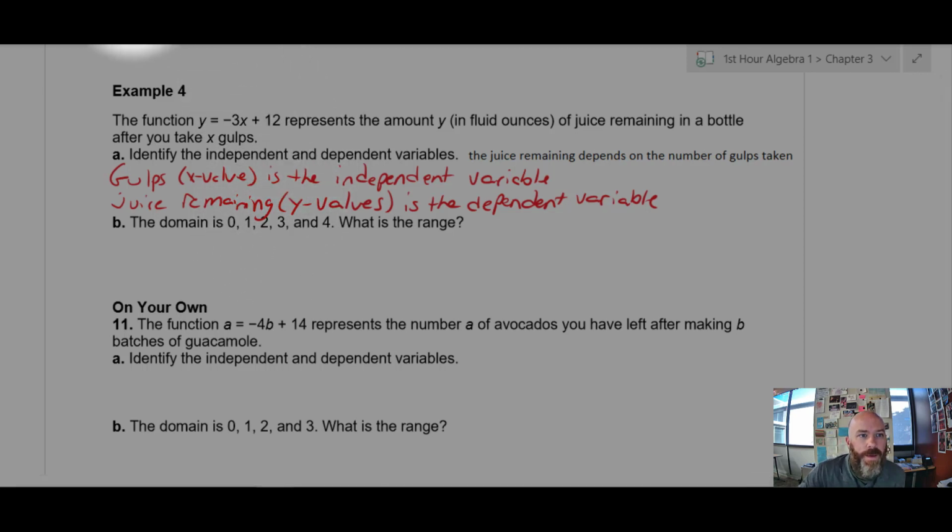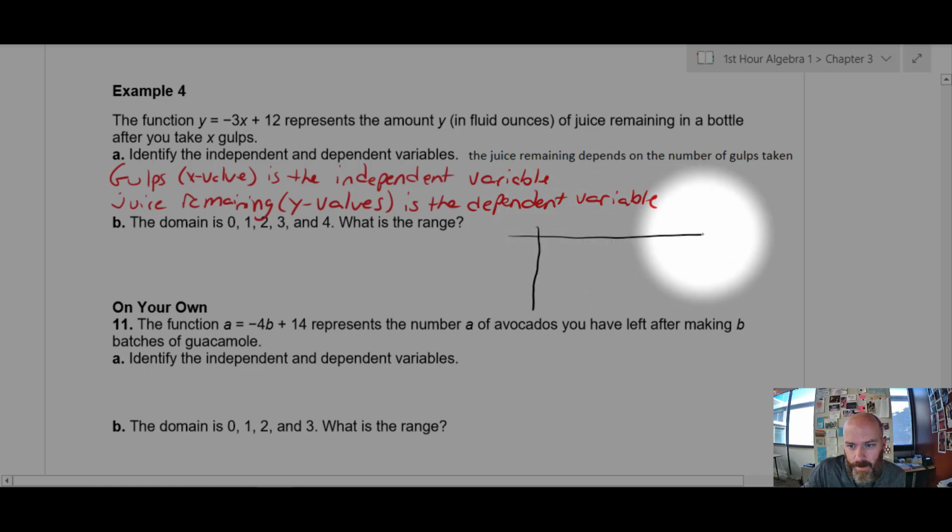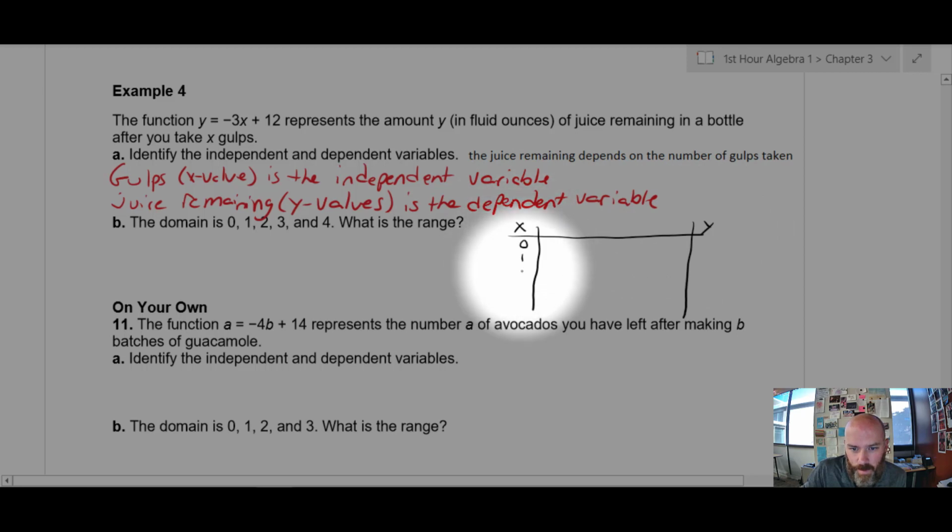What is the range? So we make a little t-chart, double t-chart actually, like this. So domain, x values, y values, we're going to go 0, 1, 2, 3, and 4. And here is our function. Our function is negative 3x plus 12. So I'm going to do negative 3 times 0 plus 12. Negative 3 times 1 plus 12.